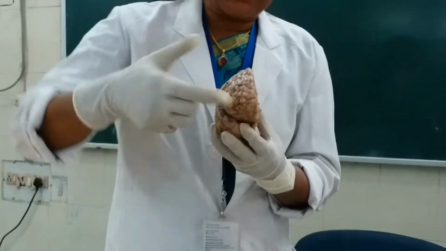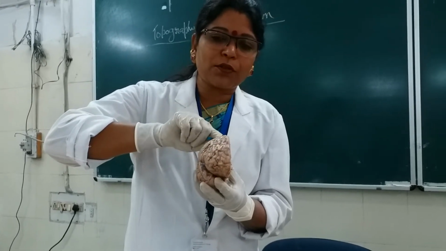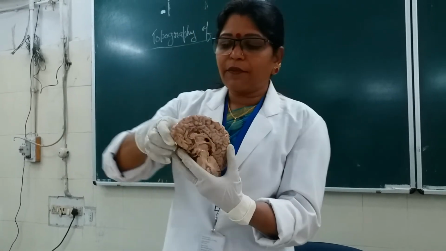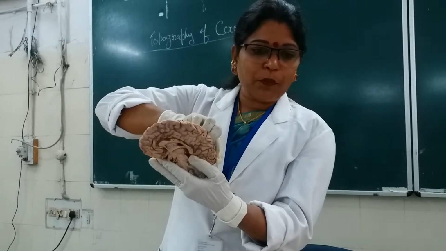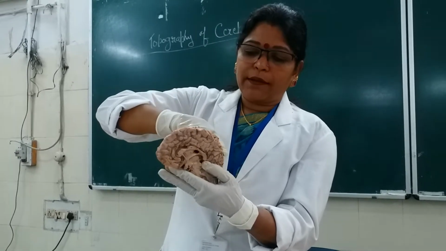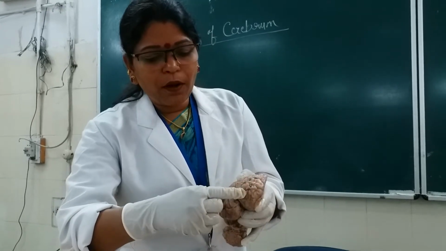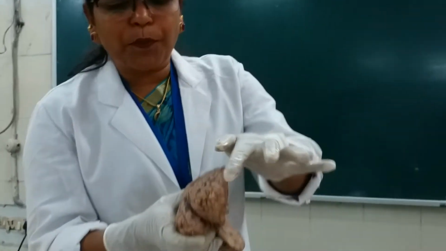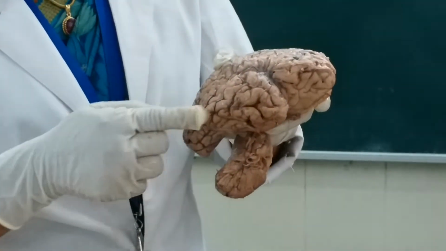How many borders? This border is on the superior aspect and also on the medial aspect, starting from the frontal pole up to the occipital pole here, isn't it? Look, supero-medial border. Okay. Now this is the inferolateral border. This is the superomedial, and this will be the inferolateral border.